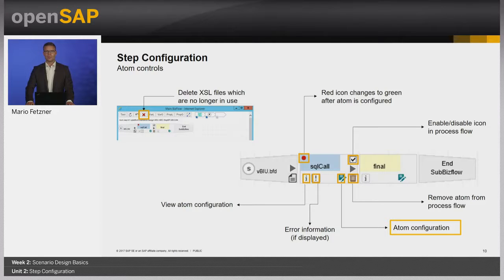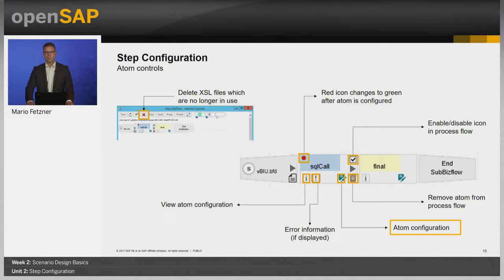Atom controls include a checkbox to enable or disable the atom for processing, and a trash icon to remove an atom permanently from the process flow. The XSL files are still existing in the BIS store. To remove the XSL files from the BIS store, click the red cross in the top bottom line. The edit icon configures the atom. When configuring the atom, you can optionally change the name displayed in the atom.